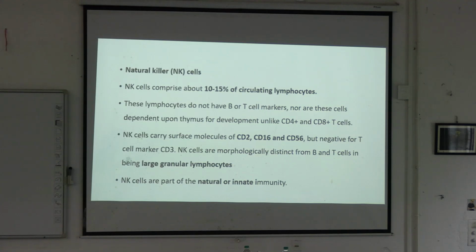NK cells comprise 10 to 15% of circulating lymphocytes. These lymphocytes do not have B or T cell markers, nor do they depend upon thymus for development, unlike CD4 and CD8 T cells. NK cells carry surface molecules CD2, CD16, CD56. NK cells are part of natural or innate immunity.